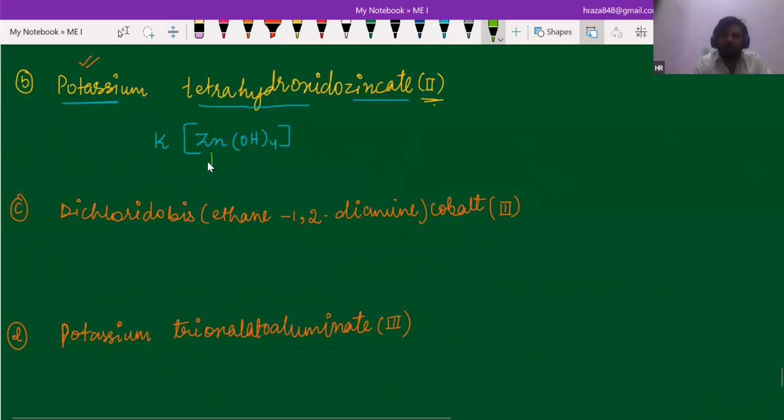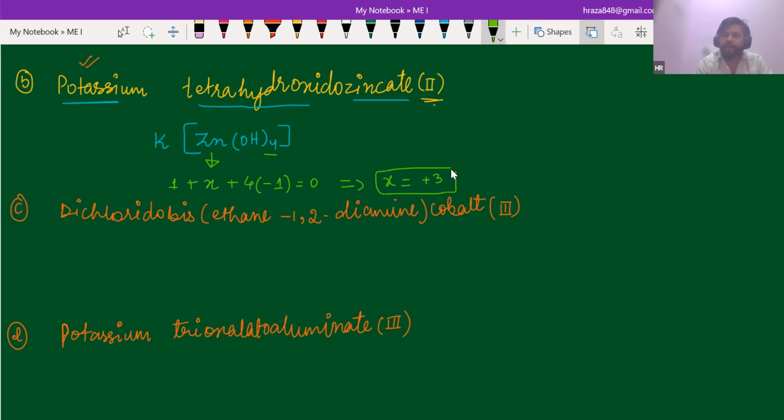So Anushka, if you are going to calculate the oxidation state of zinc, it will be X. Potassium has +1, and there are 4 OH groups. OH has a negative sign, hydroxide OH minus, and there is no overall charge, so it will be 0. If you solve it, you will get +3.